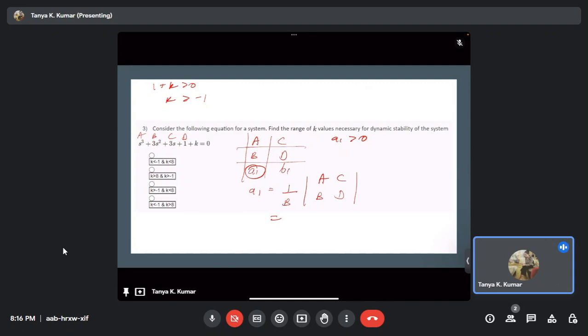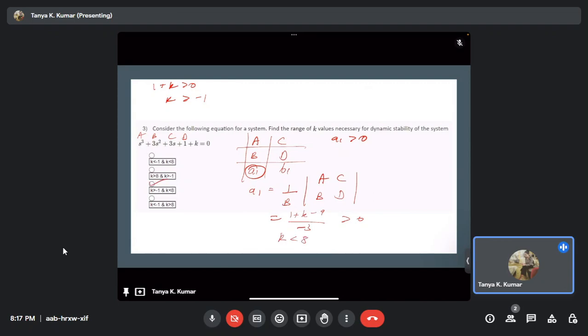Have you been able to find a1 and the condition on k? Okay, so a1 is coming to be 1 plus k minus 9 by minus 3, and this should be greater than 0, which gives the condition that k should be less than 8.